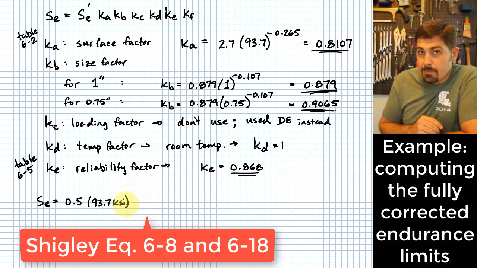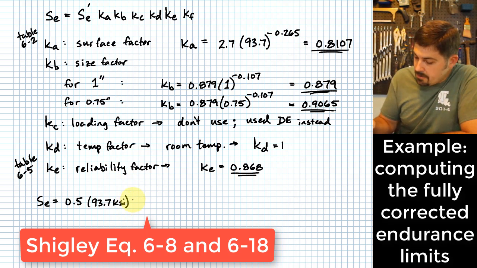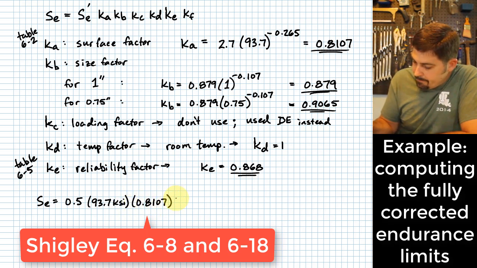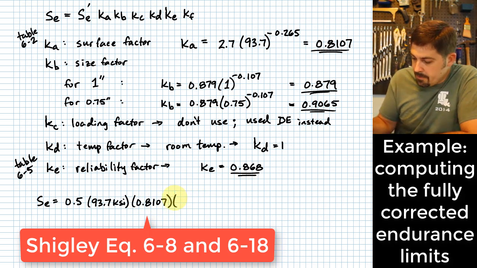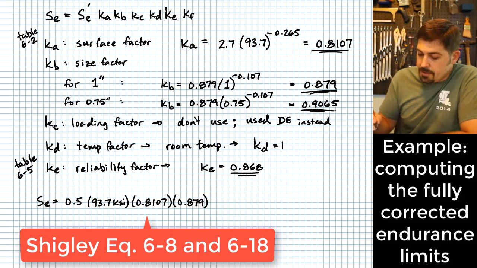To this we multiply all these Marin factors. So we have 0.8107, we have 0.879, and keep in mind here, we actually have to do this 2 different times.